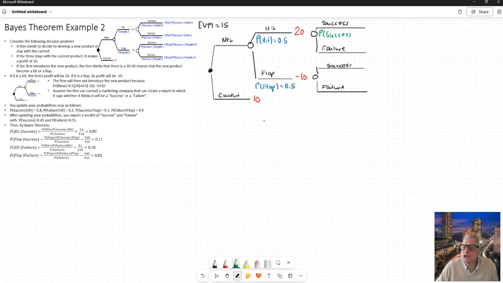So that is a conditional probability of success. They look at the product and somehow think it is a hit. But this is a subjective probability, so given hit.